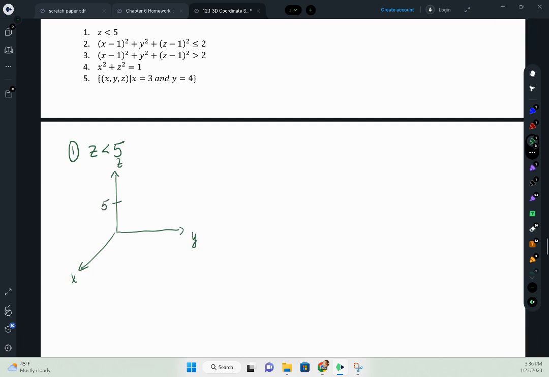Okay. If Z was equal to 5, that would be a horizontal plane. Because X and Y are not mentioned in the equation, that means that X and Y get to take on all values, all real numbers. So this is an infinite plane that cuts through the Z-axis at 5 and runs horizontally, okay?